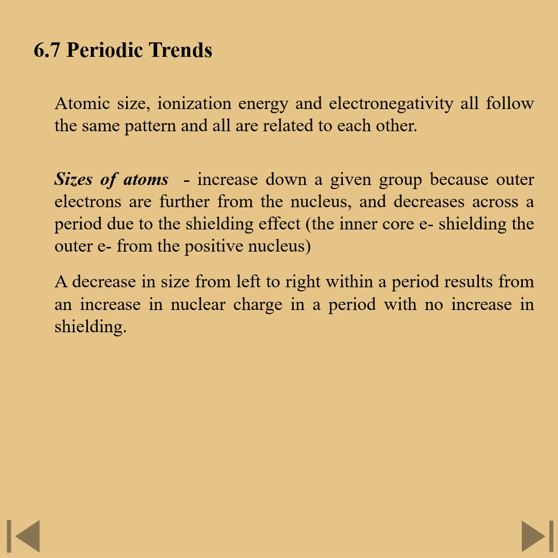Now, the outer electrons are feeling what's called the shielding effect, meaning they're feeling the repulsion due to the interior electrons, so they're not really feeling the entire pull of the nucleus. But as you're going across a period, you still have the same amount of shielding effect, but now you're just getting more and more positives in that nucleus, pulling in those outer electrons more and more intensely, and hence getting smaller and smaller as we proceed across that period.